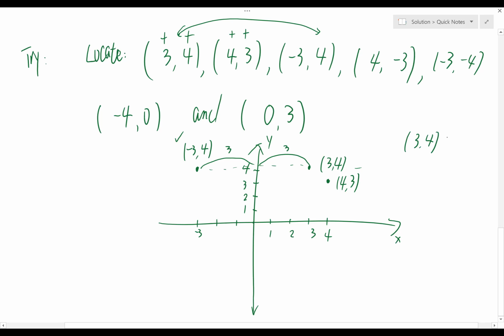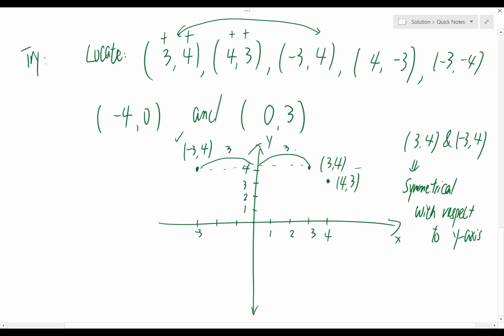So that means these two ordered pairs, 3, 4 and negative 3, 4, are symmetrical with respect to the y-axis. And the total distance between those two points should be 6, right? 3 units plus 3 units, so 6.